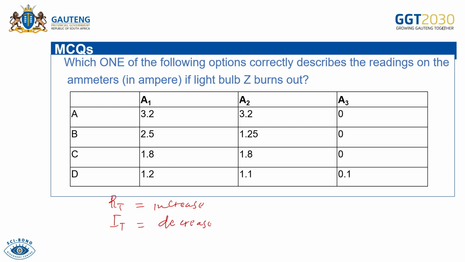Why am I saying it's going to decrease? I'm not getting that from heaven. This is coming from the equation R equals V over I. The R I'm talking about is the total resistance, and V is the total potential difference, which equals the EMF of the battery.